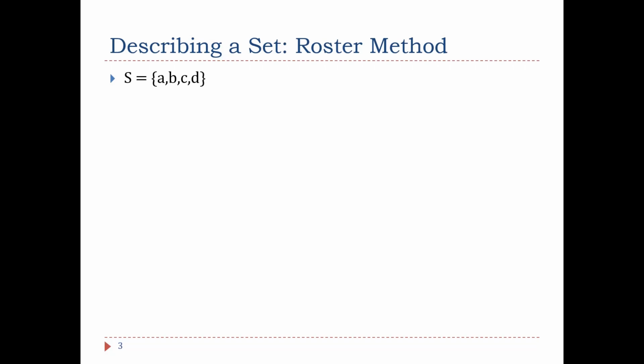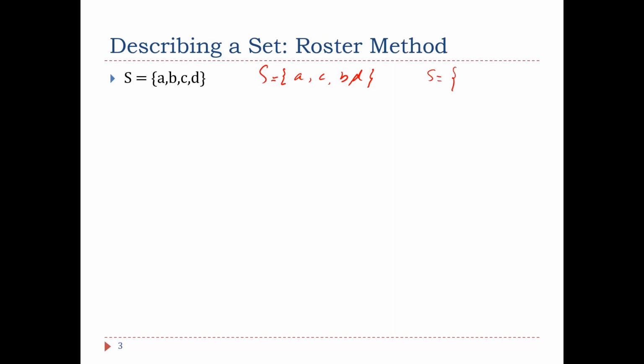To describe the set, we can use the roster method, where we list all the elements that we have in the set. And since it's not an ordered list, it's just an unordered collection of elements, we could also say that S is equal to A, C, B, D. Although we are using alphabet letters and we know that there is an order on them, S could be represented in any of these formats.